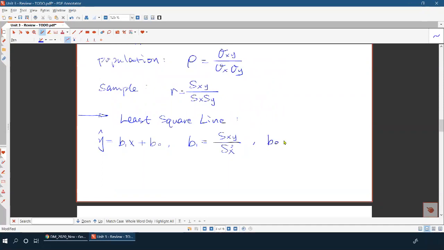And b0 is y bar minus b1 x bar. And the r square value of the line is defined as the coefficient of correlation squared. Okay?